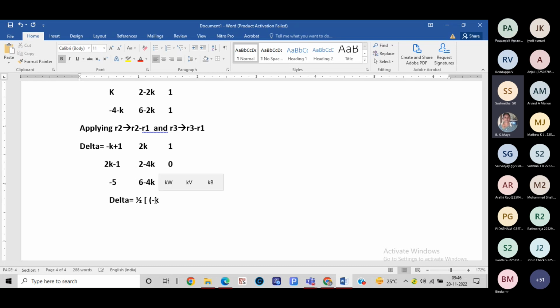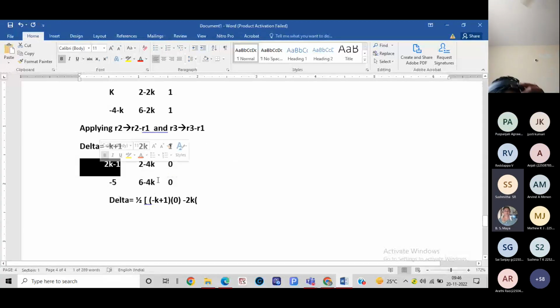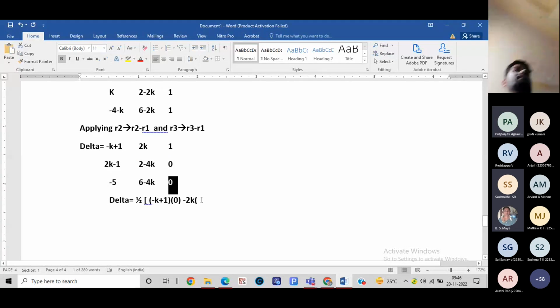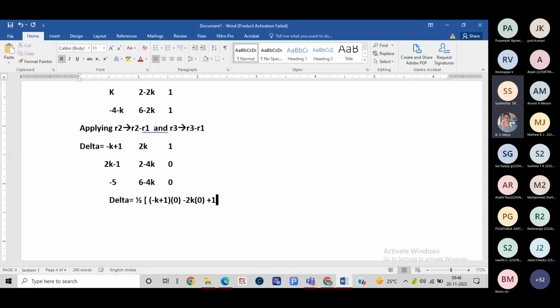Minus k plus 1 times that is 0. Next, minus 2k, and with these two terms multiplied, that is 0. This is also 0, plus 1.